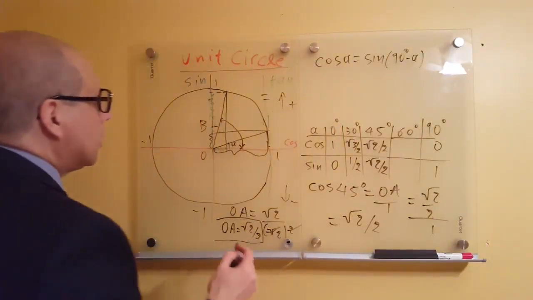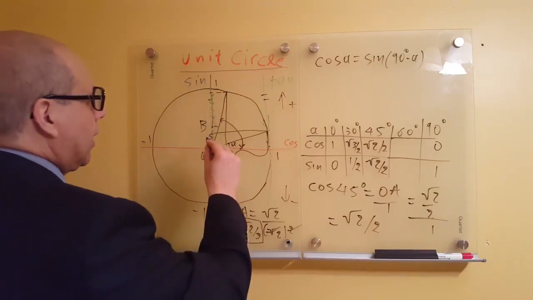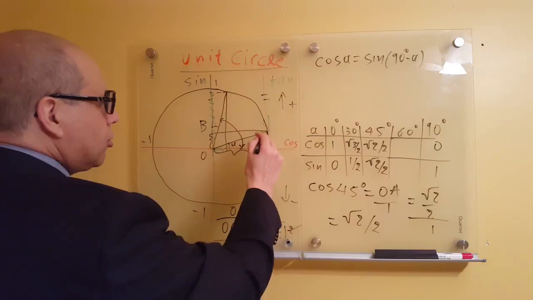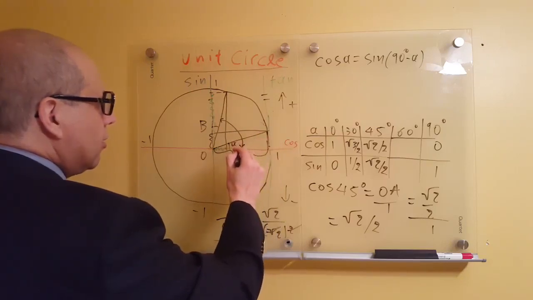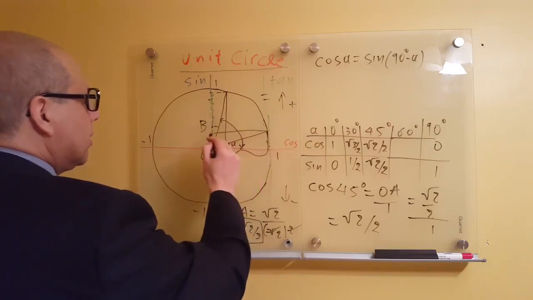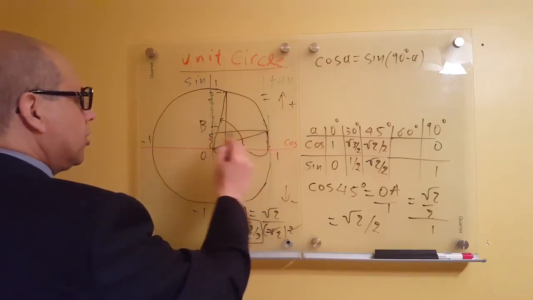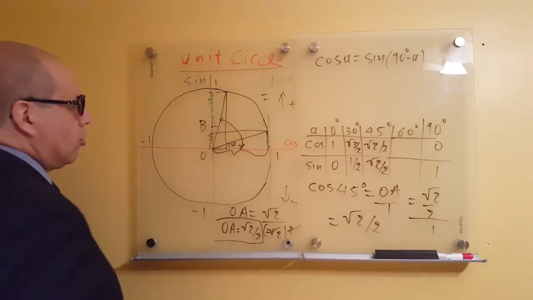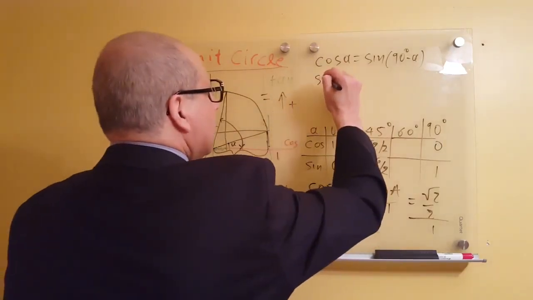Now if you take this from here to here, this is the sine of this angle. The sine of angle A, if you bring the projection from here to here, is this segment here.